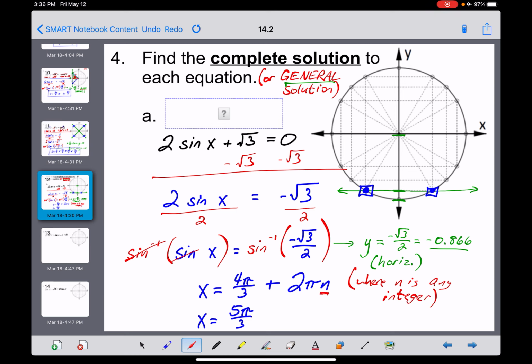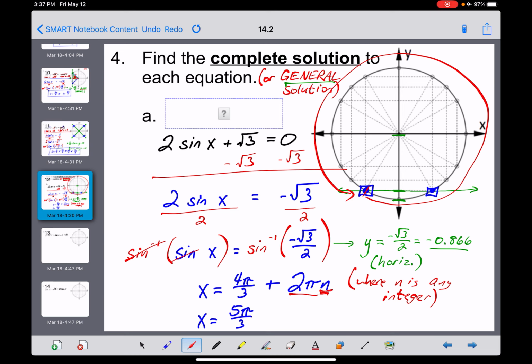Now here's what that means. If n were a nice easy integer like 1, 2 pi times 1 would be 2 pi. And what we're saying is there's another solution. We found 2, but there's a third one at 4 pi over 3 right here, plus another 2 pi, which is another complete revolution to take you around that unit circle there. So I believe that would be 10 pi over 3.